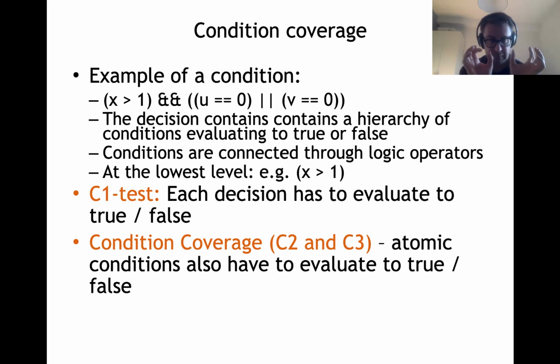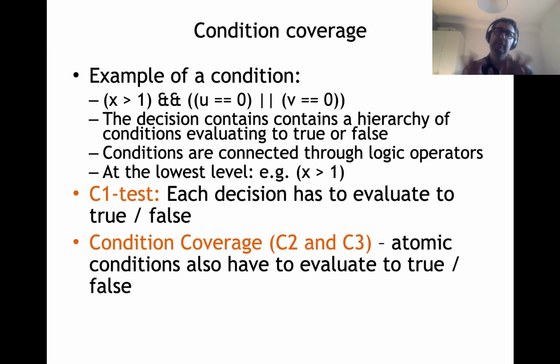And here we see a decision statement, the whole thing, the example here. So we take a decision based on this complex condition of logical conditions. So there are atomic conditions here, and they are x larger than 1. That's the first atomic condition. The next one is u equals 0, the middle one, the second one. And the third atomic condition is v equals 0, right?